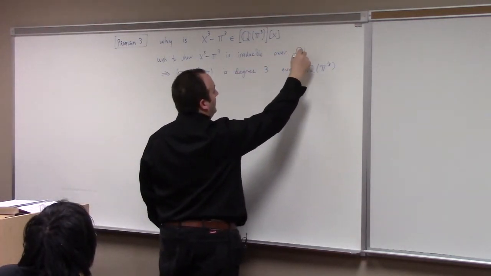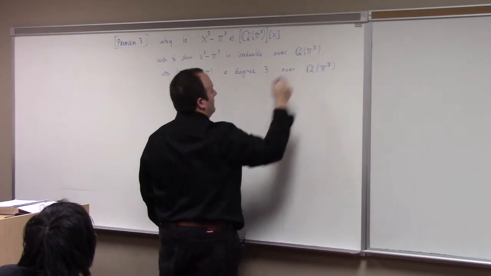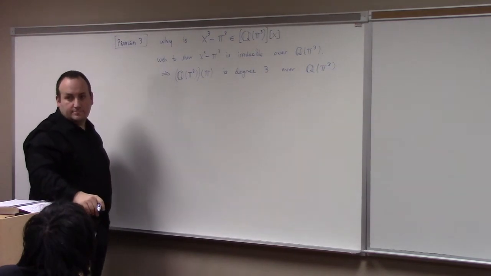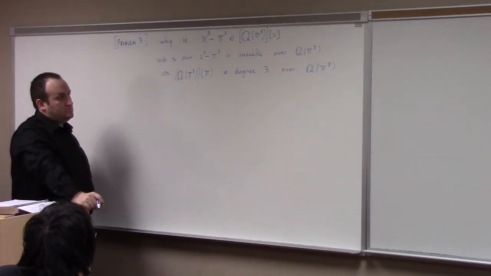Because the difficulty is there's some stuff in the book that does similar stuff to this, but those are all working on finite dimensional vector spaces, whereas this is infinite dimensional because pi cubed is transcendental.